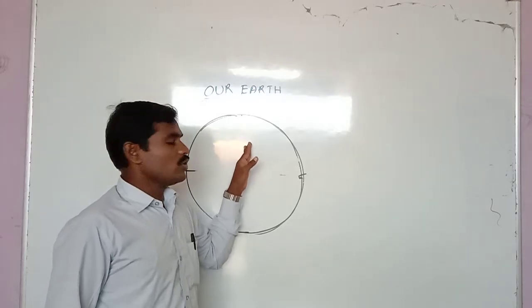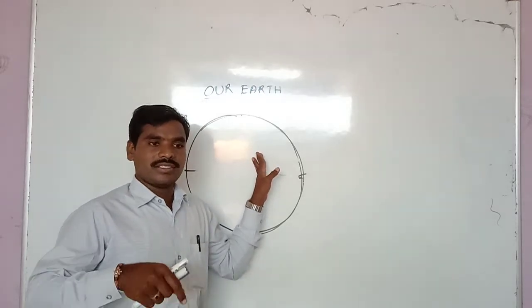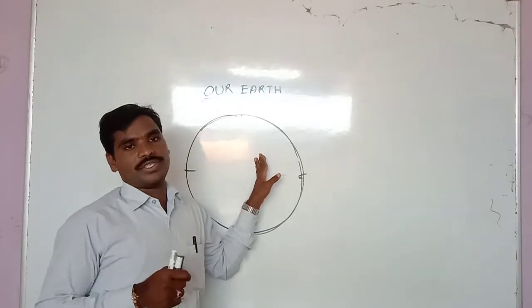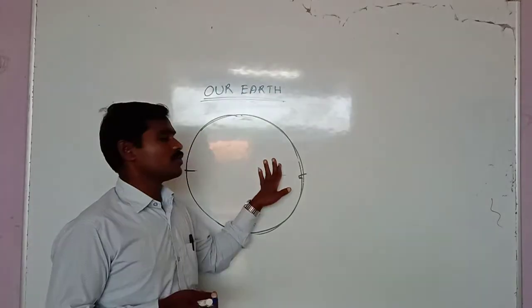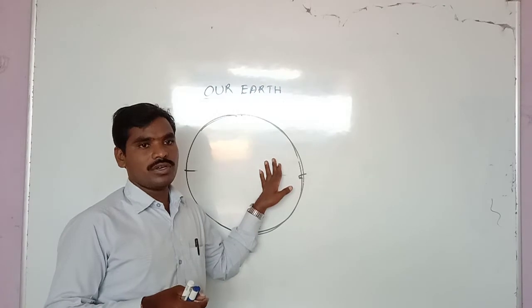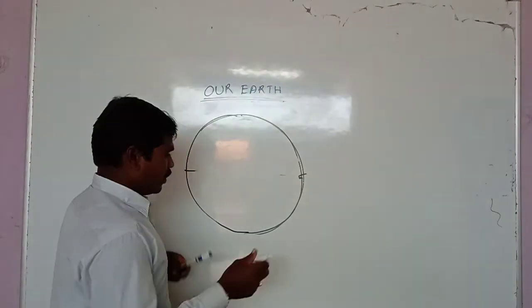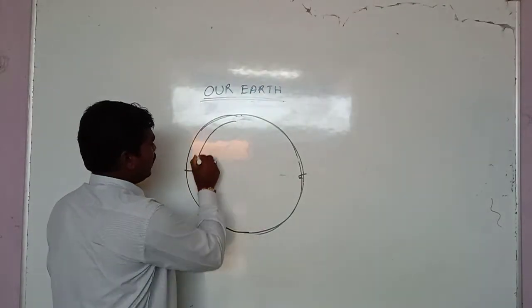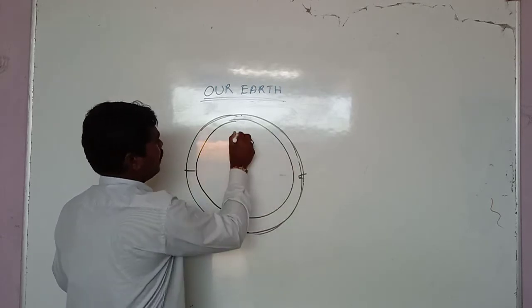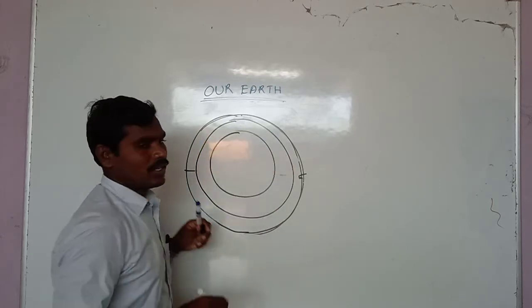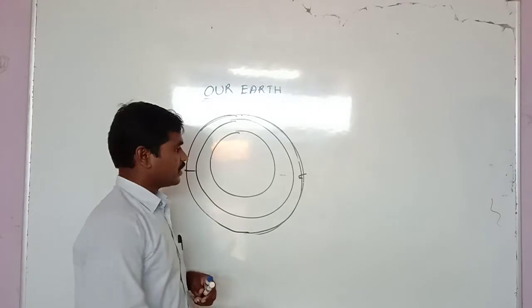Up to now the scientists have dug only 3 kilometers. After 3 kilometers there is more heat, that's why it is impossible to dig. So there are 3 layers in the earth.